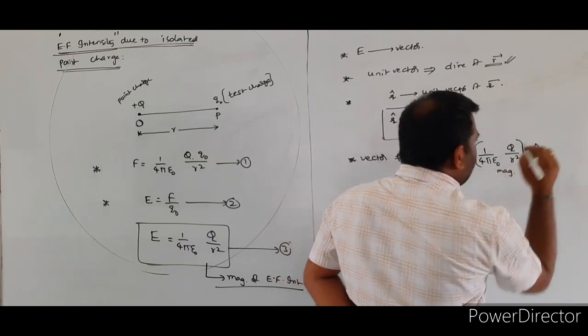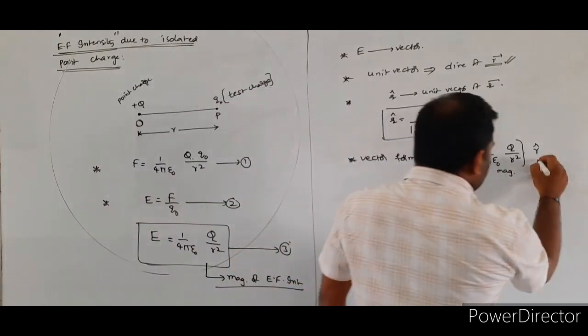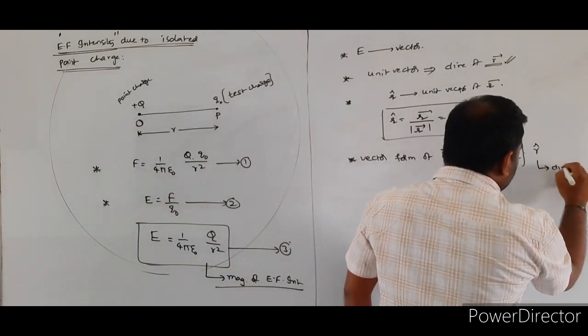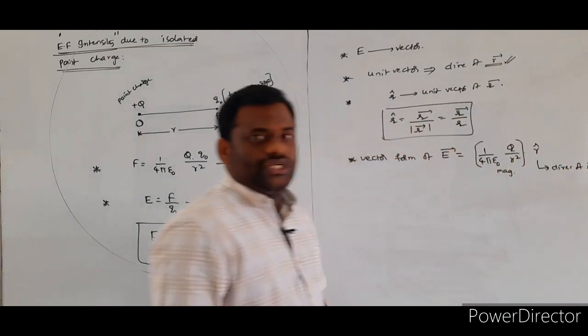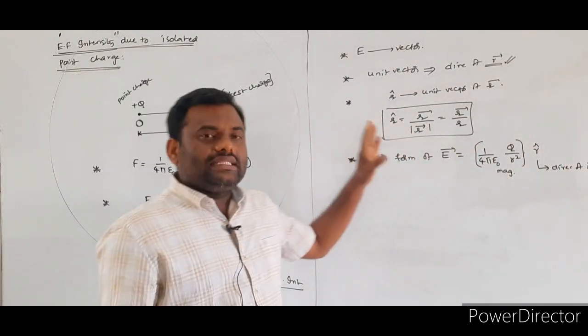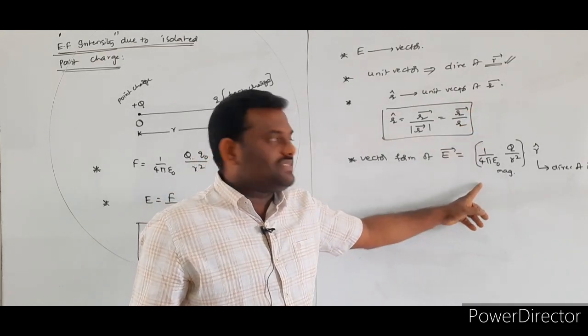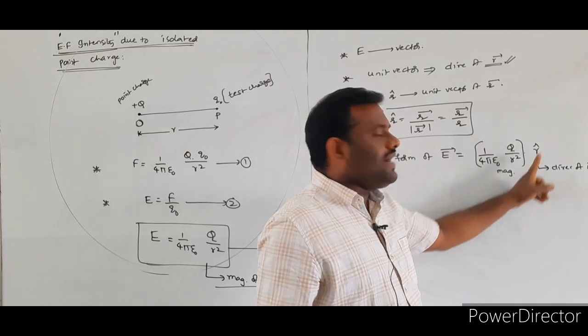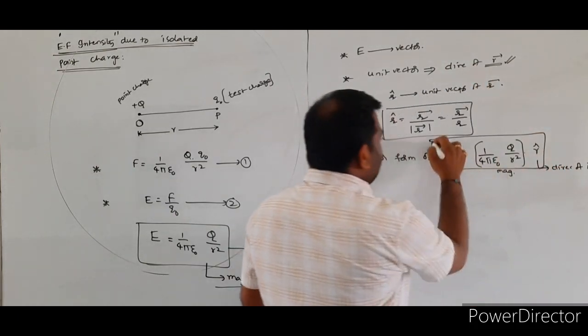Magnitude. For indicating the direction, we use the unit vector. So the unit vector r cap will be giving what? Direction of E bar. So the vector form of the electric field intensity E bar is equal to 1 by 4 pi epsilon naught into Q by r square into r cap.